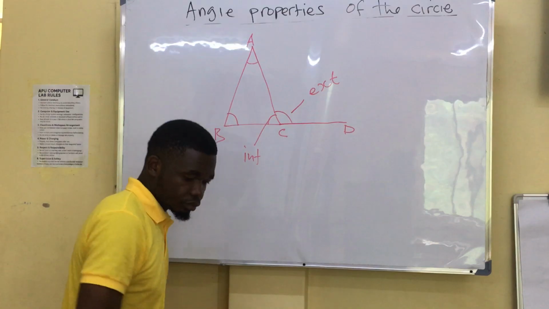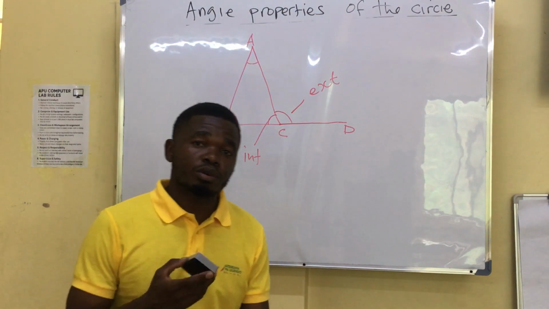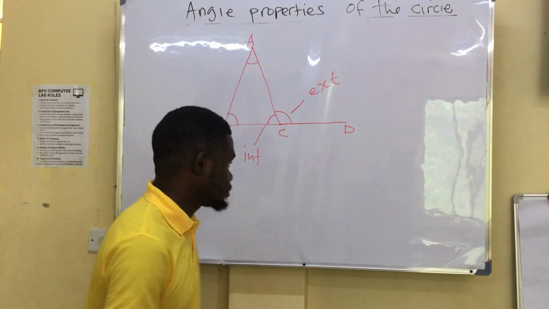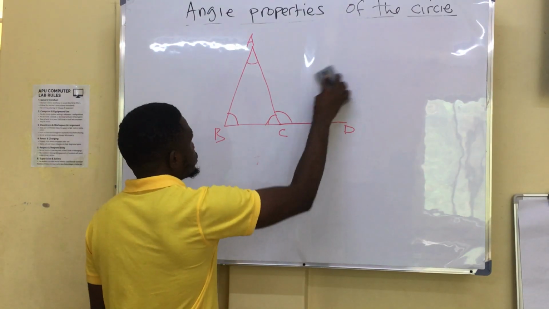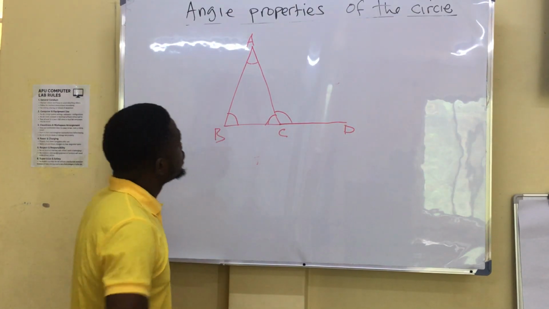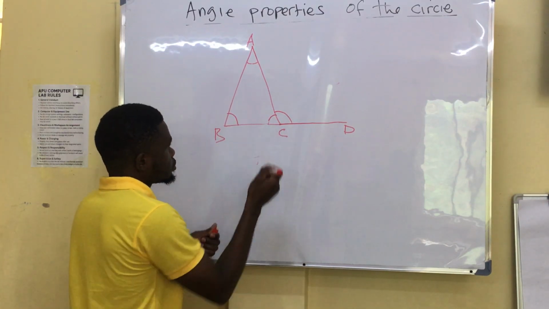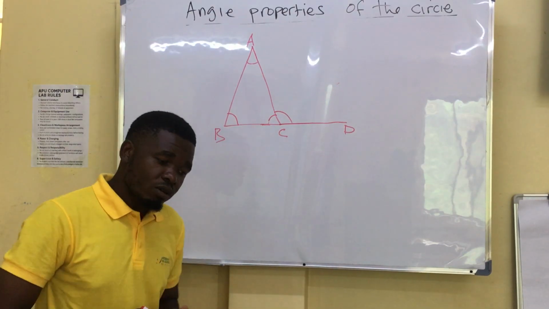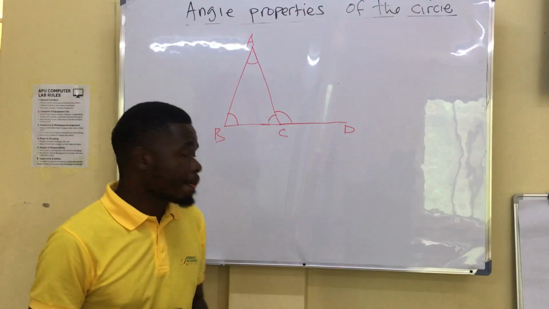Remember the theorem says that the exterior angle of a triangle is equal to the sum of the two opposite interior angles. So let's discuss that.